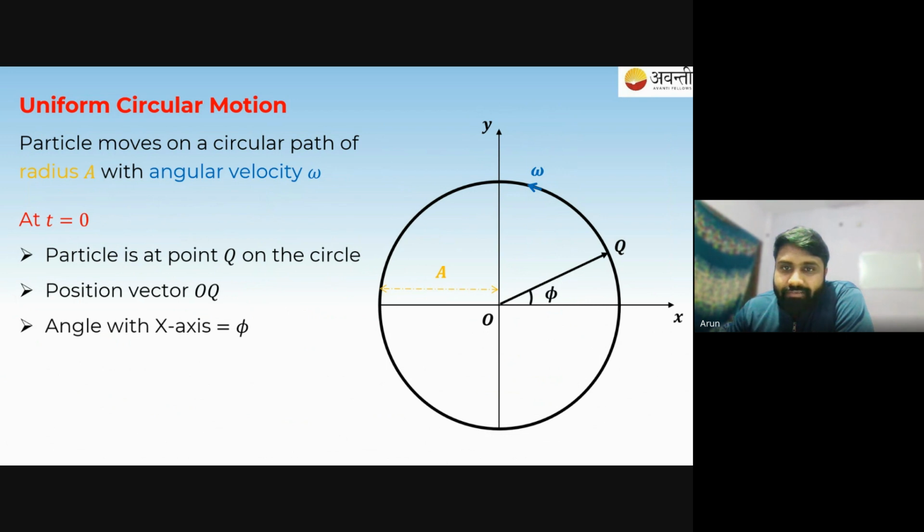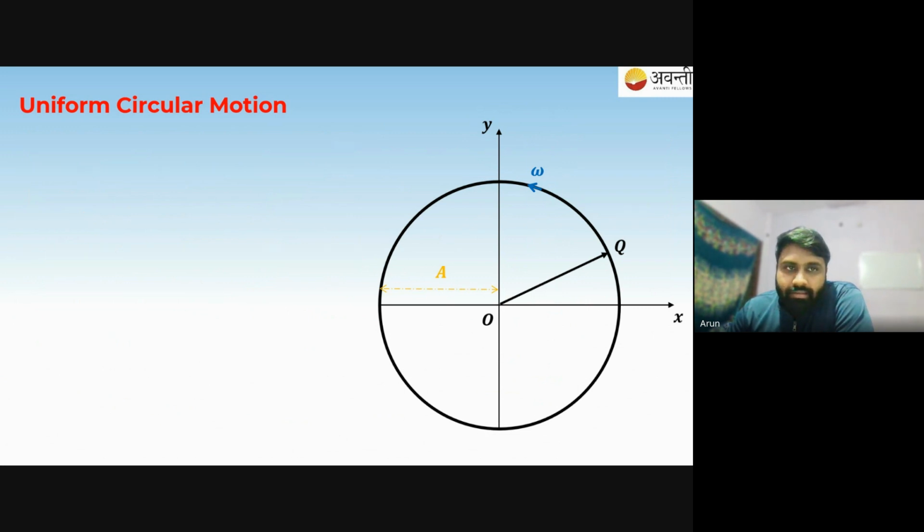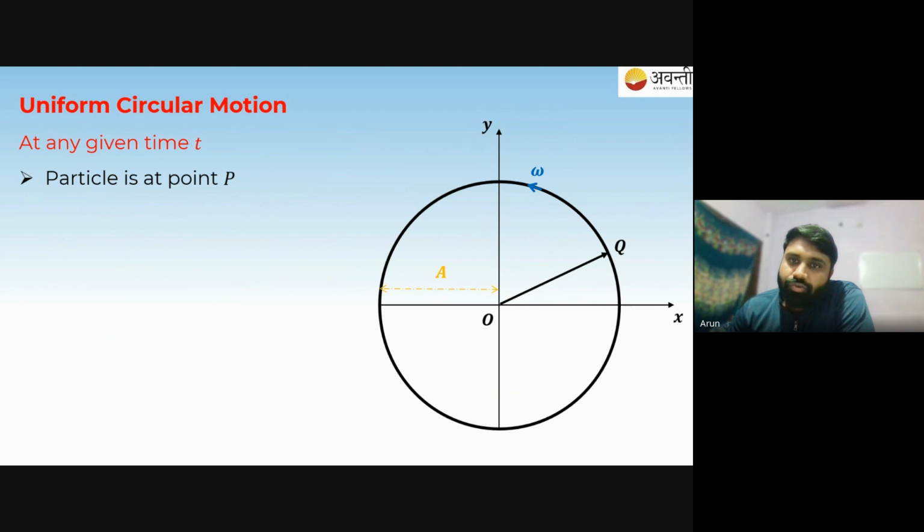And let's say the initial angle with the x-axis at t equals 0 is phi. Now, after some time t, how much angle should it move? The angular velocity is omega. If I talk in terms of linear velocity v, in t time how much distance should it travel? v into t, vt, if the speed is constant.